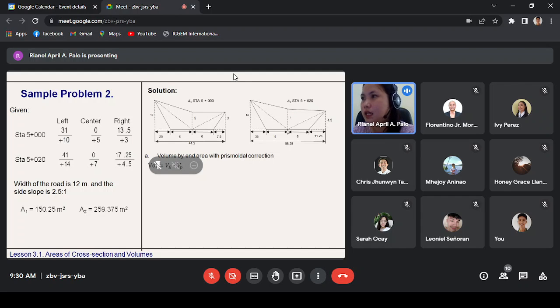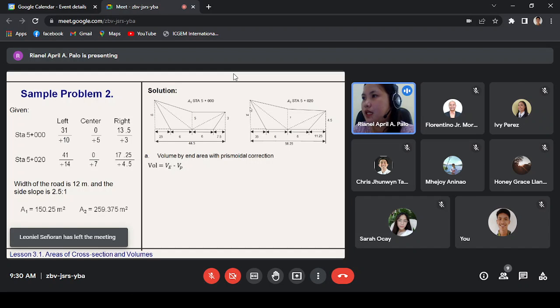Then for the horizontal distance for our slope stake, we have 41. Then vertical distance is 14. This one. Then this one naman sa atong x is 17.25. Then ang vertical distance is 4.5. Okay. Sa atong volume, using the end area method, we have this formula.